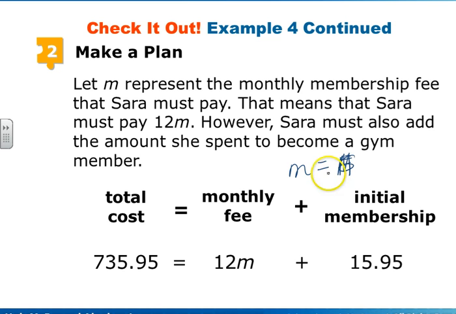So M in this case will be the price of each month. So let me just put amount per month. Alright, so that will be 12M. So that will be 12M right here plus $15.95, which was the initial amount.